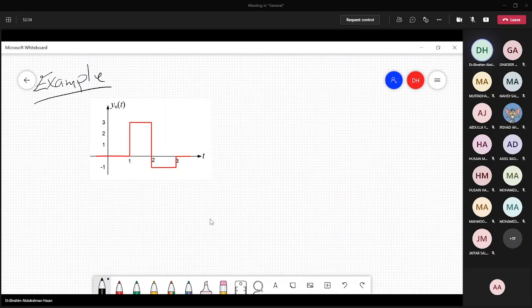This is the output of the system for any system. This is system 2. Okay, so something different. What I want is to find h of t, which is the output when the input is equal to delta, and I want to find the ramp response.